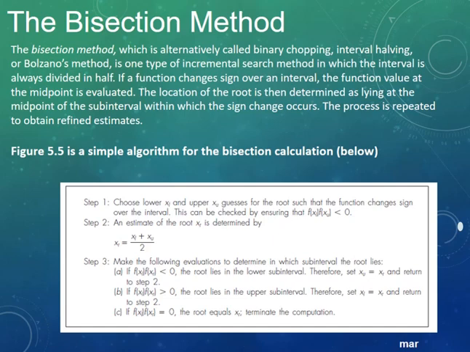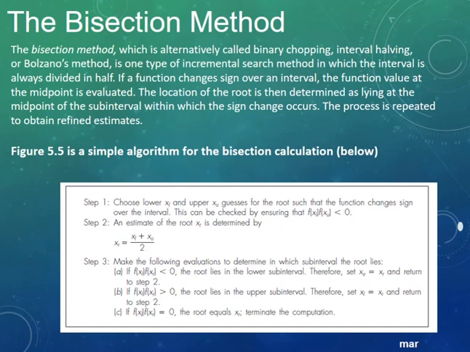So step 2, an estimate of the root xr is determined by xr is equal to xl plus xu divided by 2. So just get the average of the lower bound and the upper bound values divided by 2. Then for step 3, which is the somewhat difficult or laborious part, make the following evaluations to determine in which subinterval the root lies.